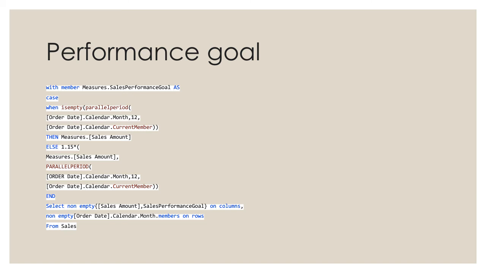Otherwise, if we have a value from last year, then we times 1.15, and we set the measure to be 1.15 times the measure from last year. And then after we have set the measure, we can select the sales amount comparing to the sales performance on the columns. And that finishes our KPI goal.